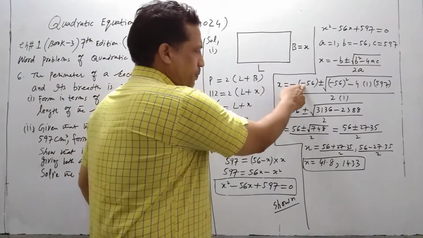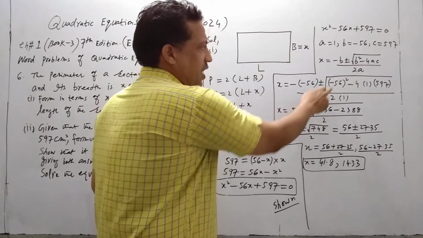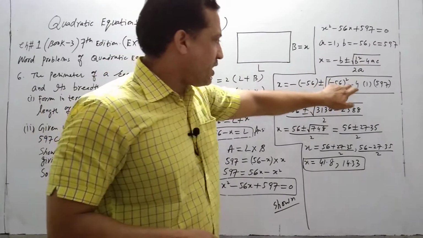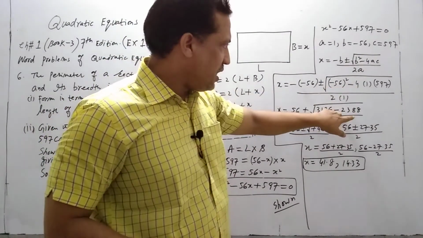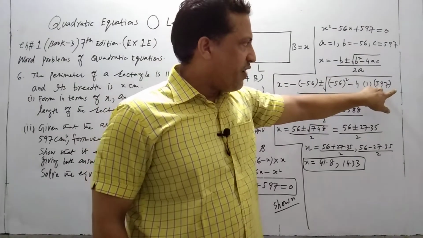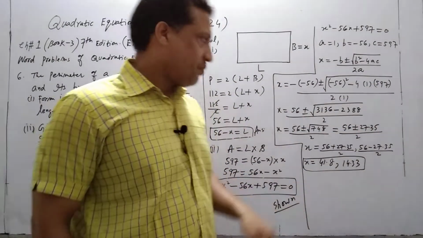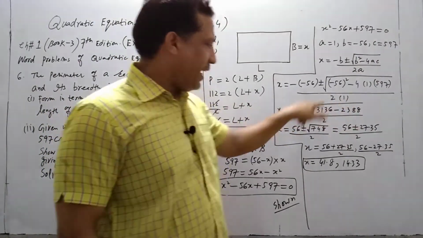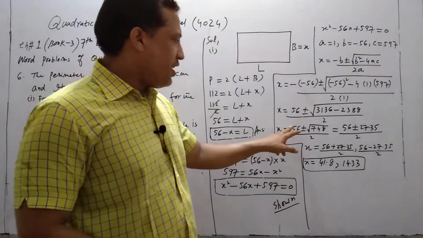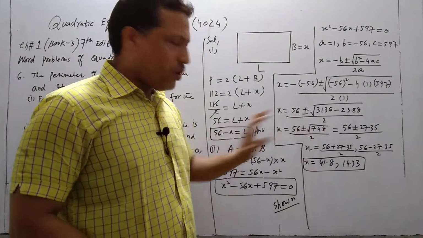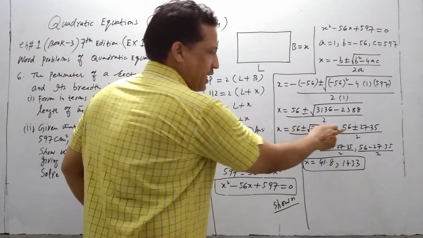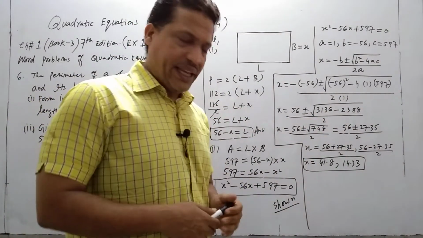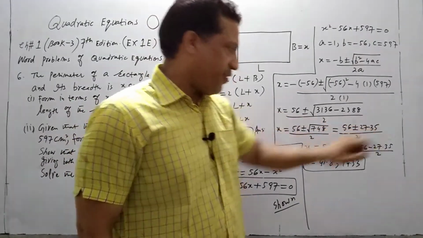Now 56 square, minus square is always plus, so 56 square is 3136, minus 4 ones are 4 into 597 is 2388. 3136 minus 2388 is 748. So 56 plus minus the root of 748, upon 2. Find the square root of 748 by using calculator, we get 27.35.